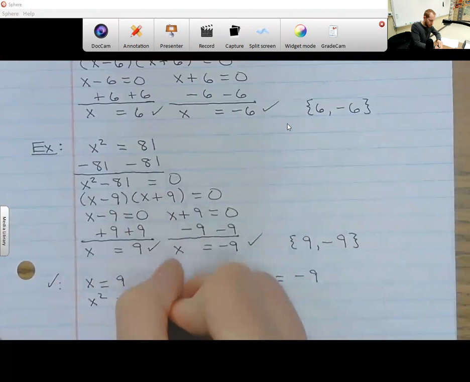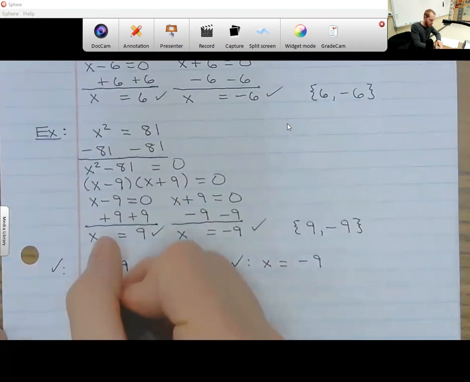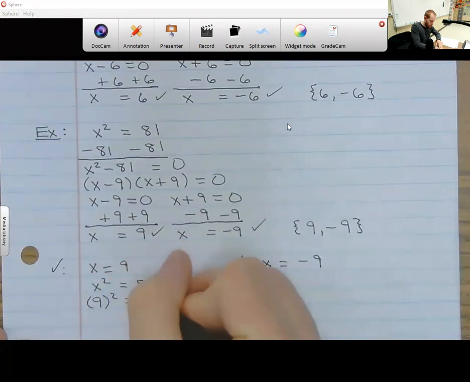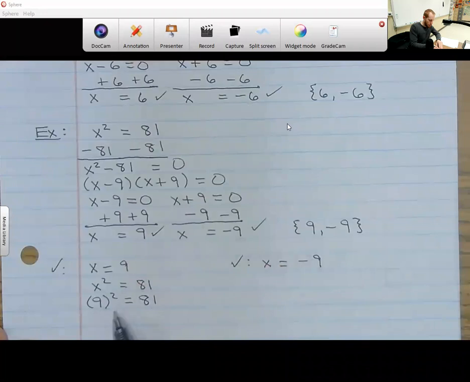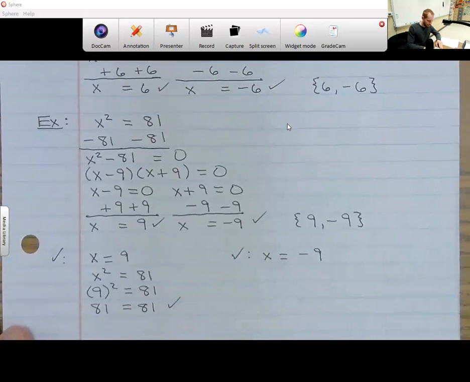That's what they gave me when I started off, so that's the one that I'm going to use. Let's let x be 9 and see what happens. I get 9 squared equals 81. And what's 9 times 9? That's going to be 81, right? Good. I get a true statement, as you can plainly see.